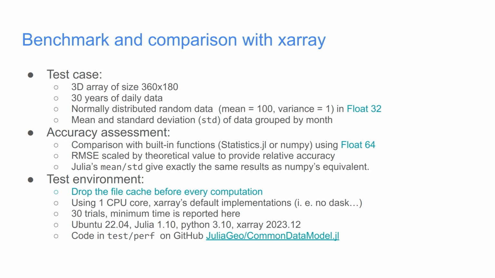Regarding the test environment, it was very important that when you read a data set from disk, the operating system keeps it in cache. If you're doing benchmarking, you will end up with speeds that are much faster than they actually will be, because when you repeat the test like 30 times, the first time will be slow because it has to read the data, but then it will be in the cache of the operating system.